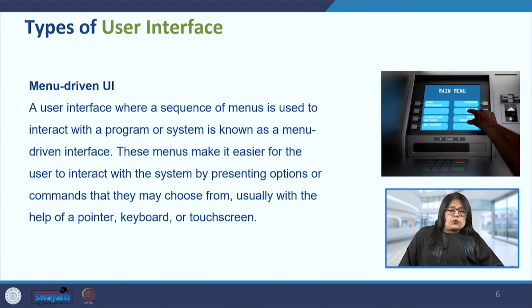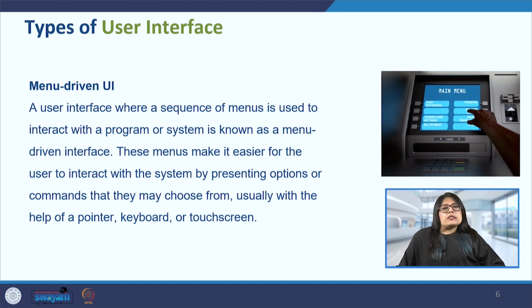So generally we will see here that certain functions are grouped together, so it is easy to find and navigate through those easily by the user who may not be very well versed with the system, who may not be very tech savvy. And there are reduced errors, because here we can control the number of options that are given to the user.